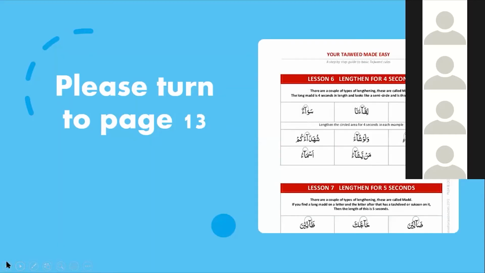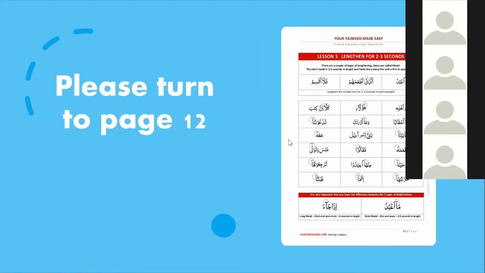So page 12 and page 13. If you can practice those 2 pages, I'll give you 5 minutes. Everybody okay with 5 minutes? And then we'll crack on with the surah, inshallah. Go for it. Bismillah.